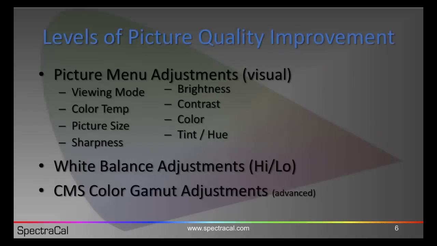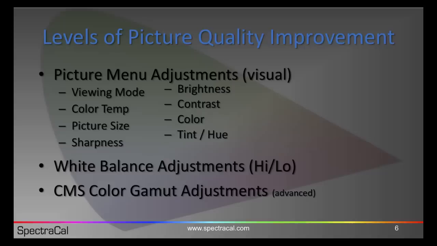In talking about the levels of picture quality improvement, there are three main levels that we'll be talking about today. First of all, picture menu adjustments. This is the first and potentially the most important. We need to establish a correct viewing mode. We need to set the color temp of the display to be close to our desired color temperature.